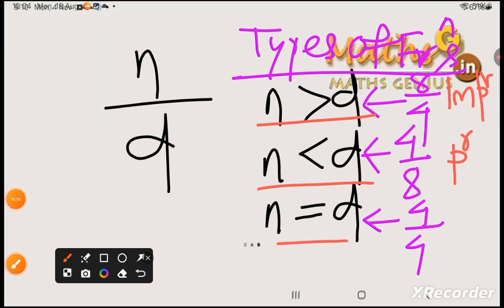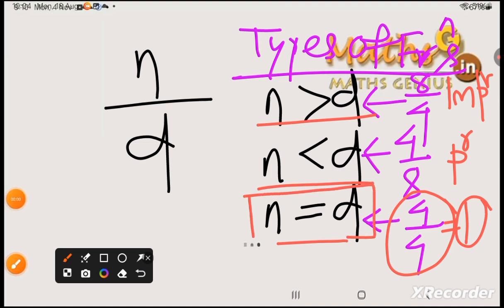When the numerator is equal to the denominator, we call them whole numbers. It is no more a fraction. 4 by 4 becomes 1, which is a whole number. So whenever the numerator is equal to the denominator, it is no more a fraction.